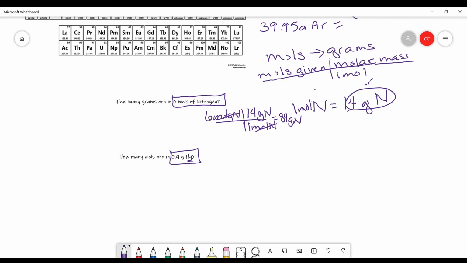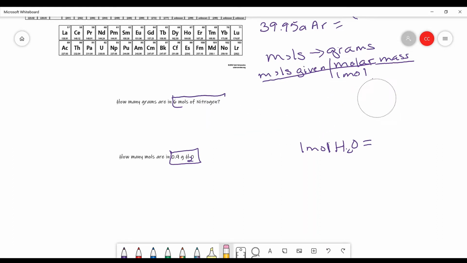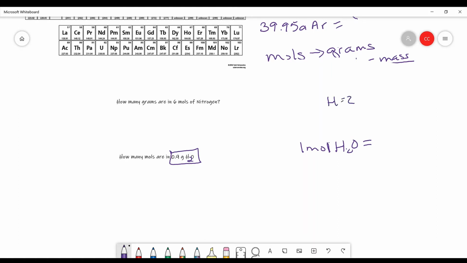So when we set this up, we know that 1 mole of H2O is equal to, we have hydrogen, there's 2 times 1, and for oxygen, there's 1 times 16. 2 and 16 equals 18. So we know that 1 mole of water equals 18 grams.